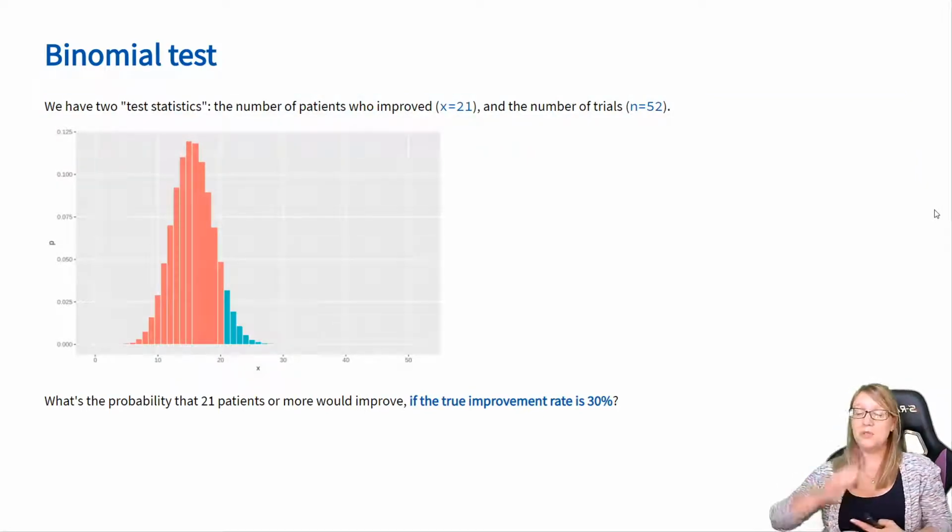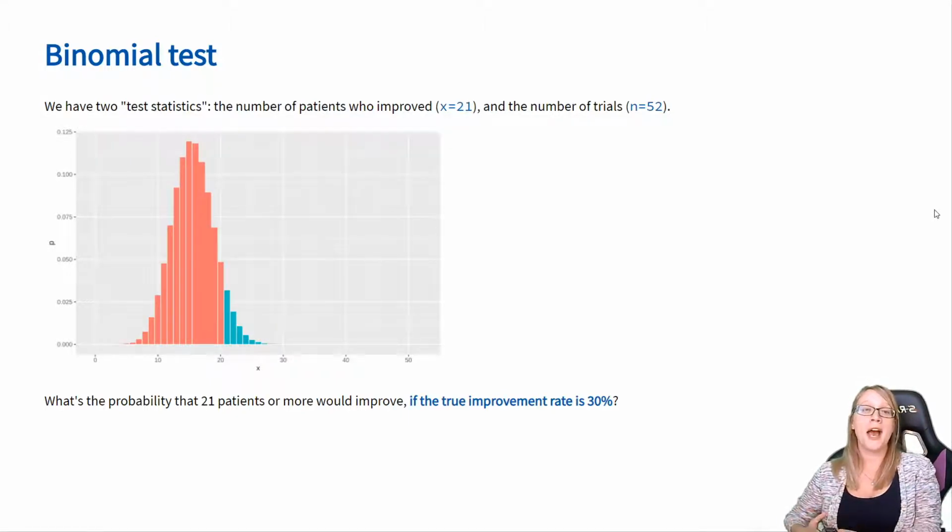So we've got 2 test statistics here in our second step. We have the number of patients who improved, that is 21. We also have the number of trials, that is 52. What you're seeing here in this bar chart is actually the true binomial distribution. So I've calculated this for you off screen. What I've done is highlighted here in blue the part of the graph that represents a more extreme improvement.